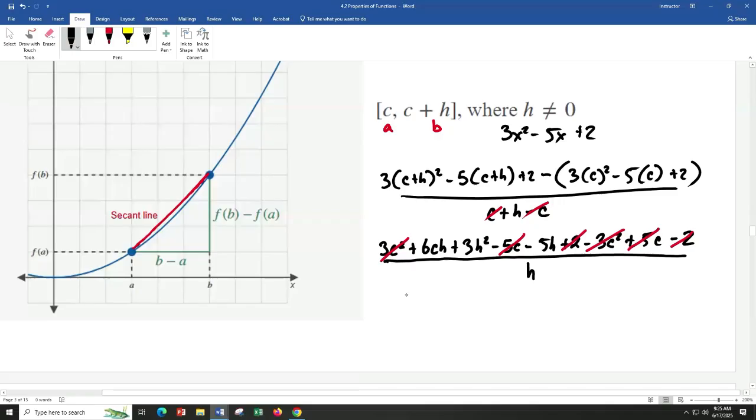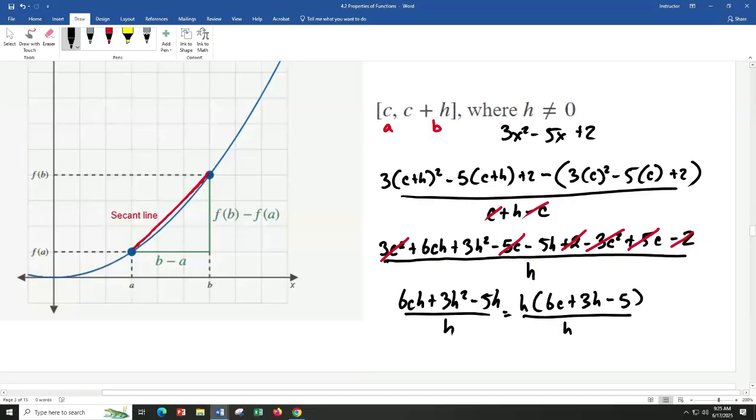And then notice, if I put this in order, it doesn't really matter, okay? Watch what's about to happen. I have 6ch plus 3h squared minus 5h all over h. You should notice there's an h in every single one of the things on top, so I could factor out an h, which is going to leave me with 6c plus 3h minus 5 all over h.